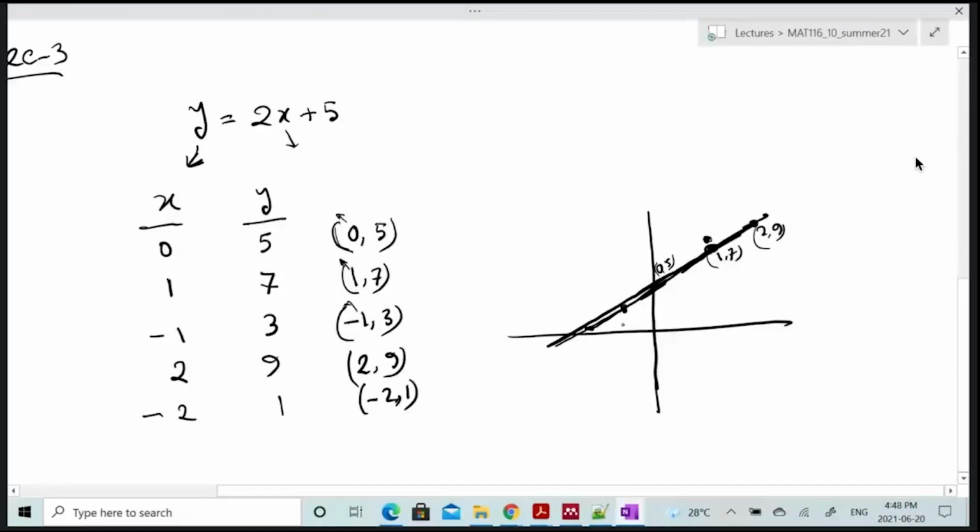This one was (minus 1, 3) and this one was (minus 2, 1). So you see, by using some values of x and y, we can draw the graph of this equation.